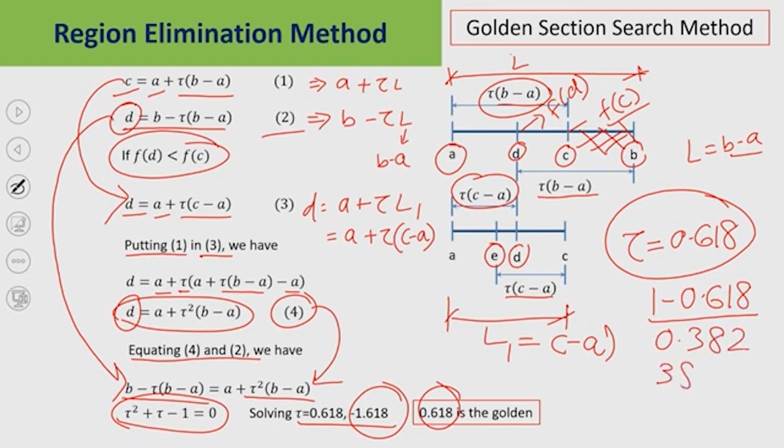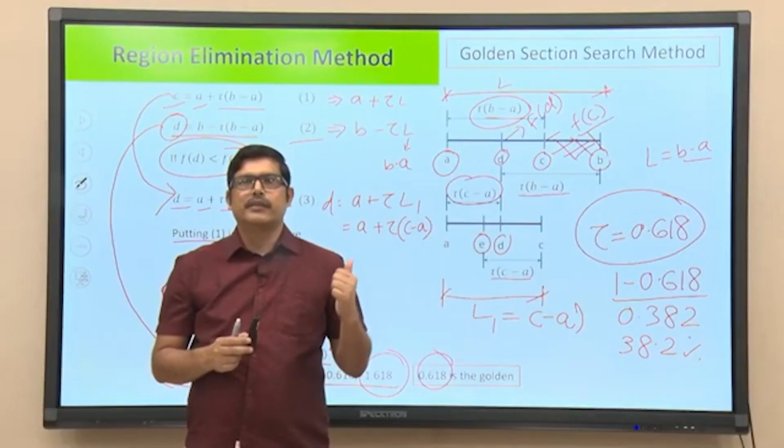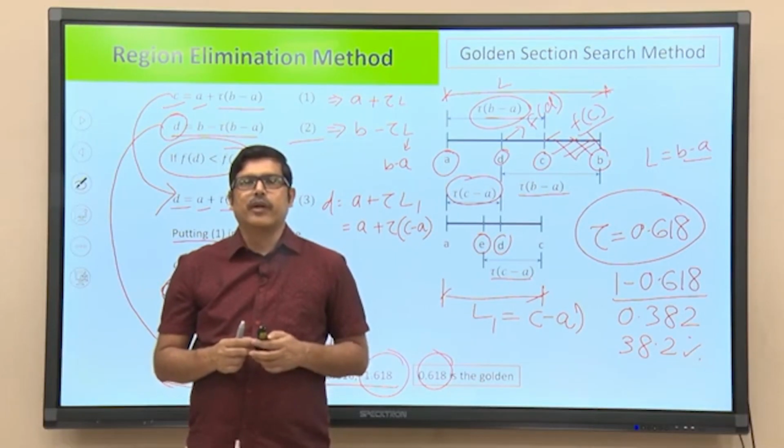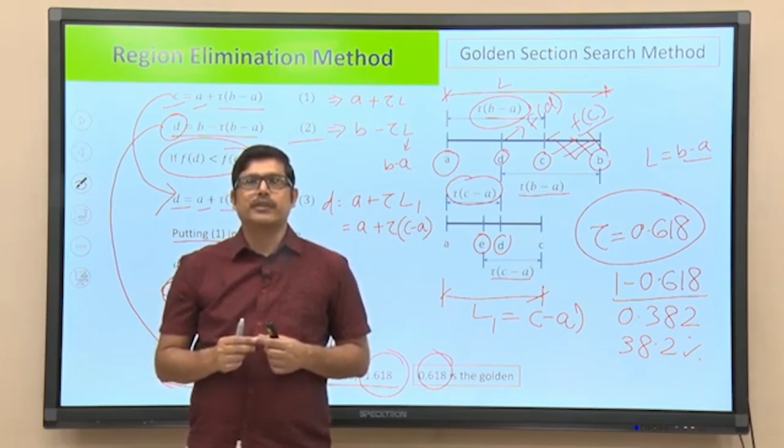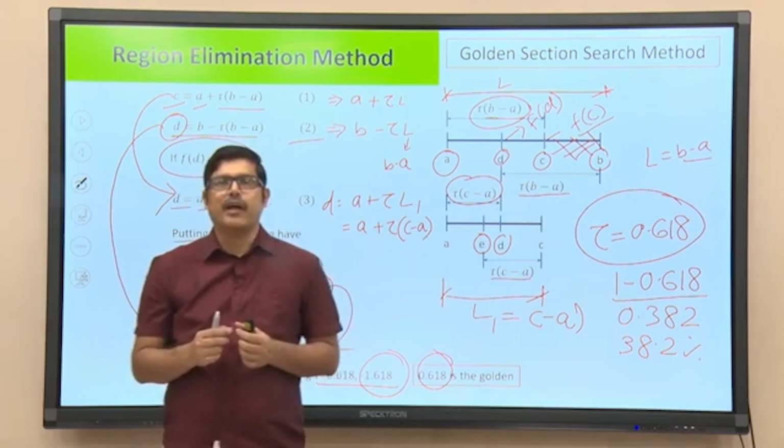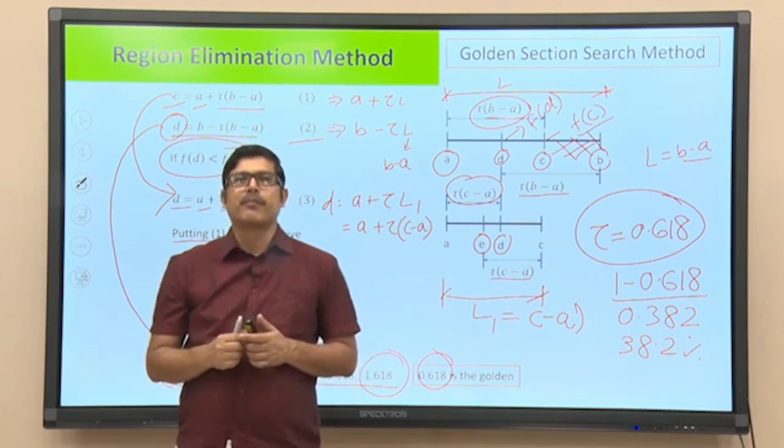So, that means every iteration I can eliminate 38.2% of the area. So, if I consider this golden section method, every iteration I am eliminating 38.2% of the region. Okay. So, that much region I am eliminating in every iteration.